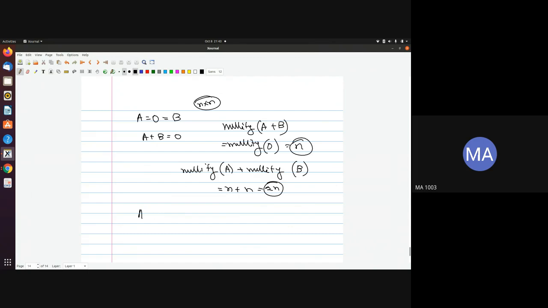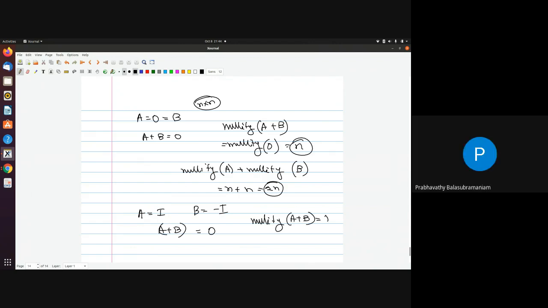Now another example, someone is saying that if A is the identity matrix, you take B as minus I, just like the previous one. So what is A plus B? Zero matrix. So the nullity of A plus B, what is that?